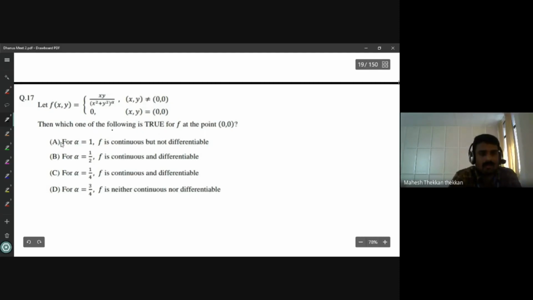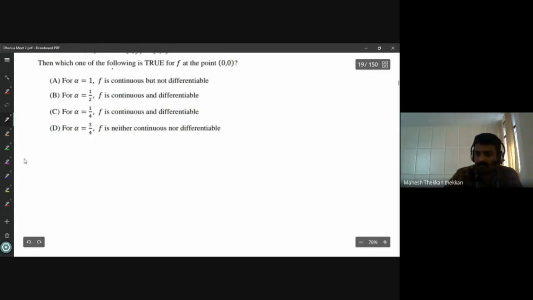For alpha equal to 1, we will look at first. So this is the case alpha equal to 1.